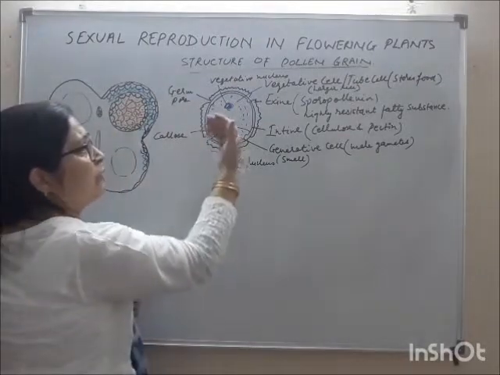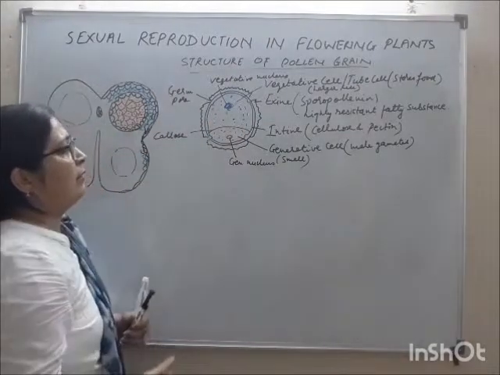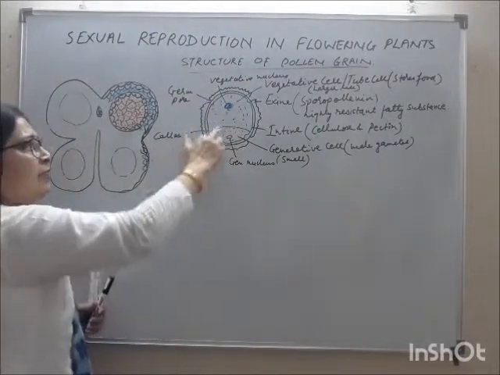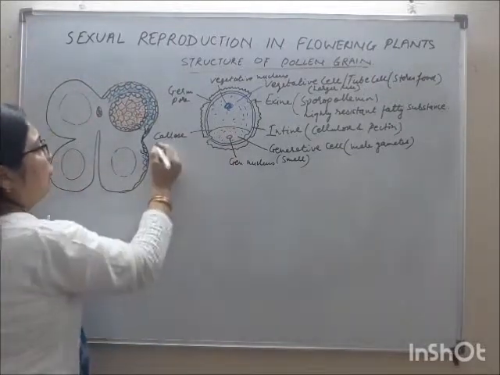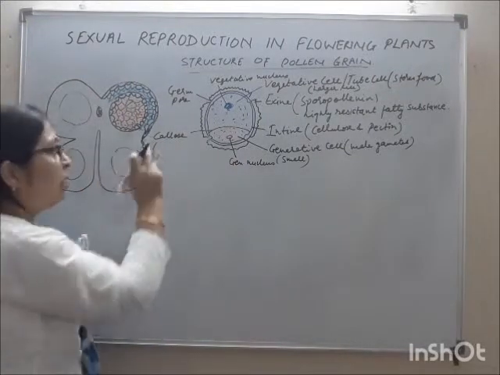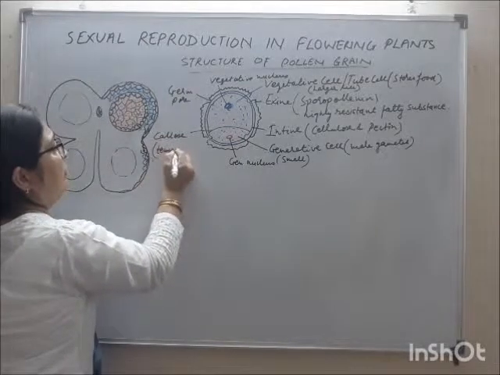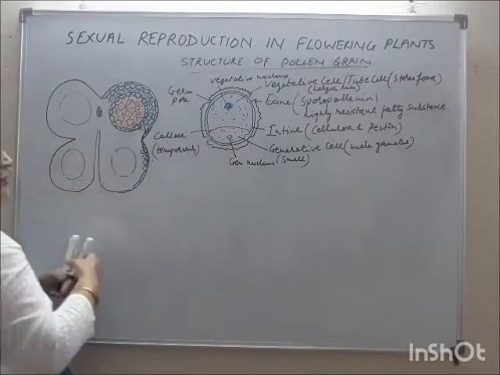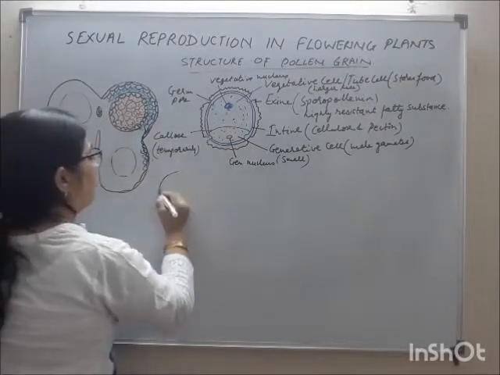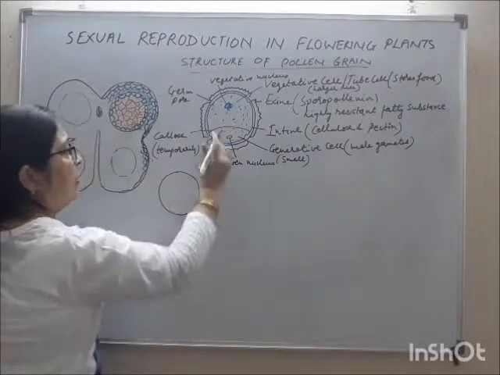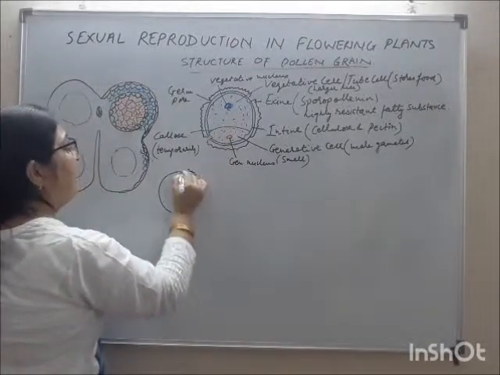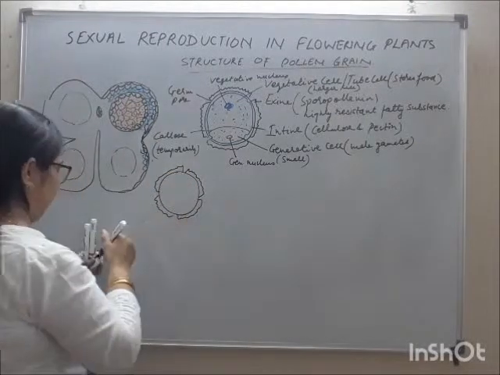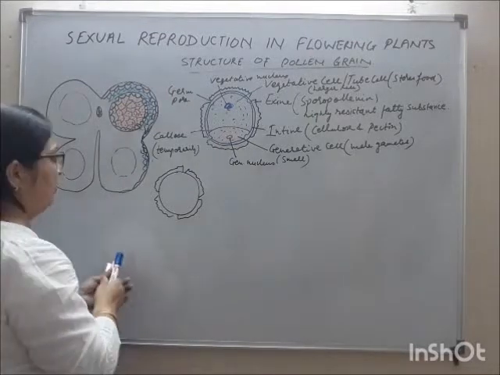Now it is divided into two cells. We have done vegetative cell and generative cell. Generative cell is smaller, vegetative cell is larger. They are divided by callus, which is temporarily present. Then this callus degenerates. Now you can see the structure here.